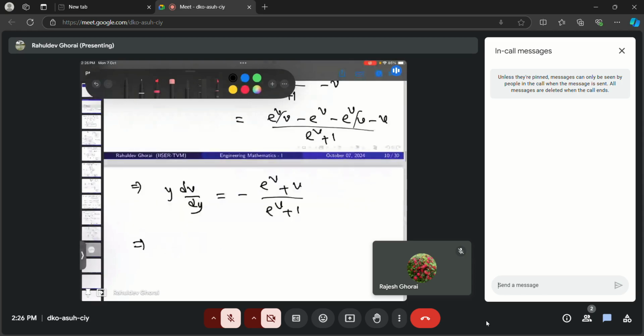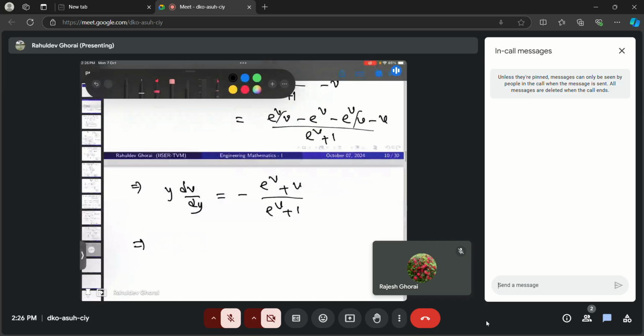I am just taking dy by y to one side, and now you can see this can be written as (e^v plus 1) over (e^v plus v) dv is equal to minus dy by y. So if you integrate this, this will give you ln of (e^v plus v) is equal to minus ln y plus some ln of a constant you can take.